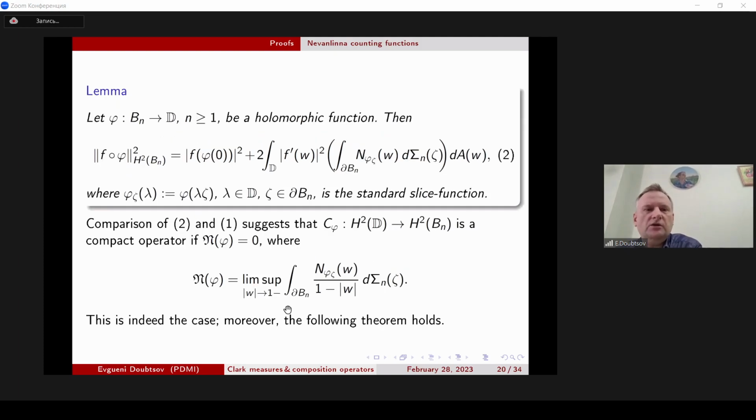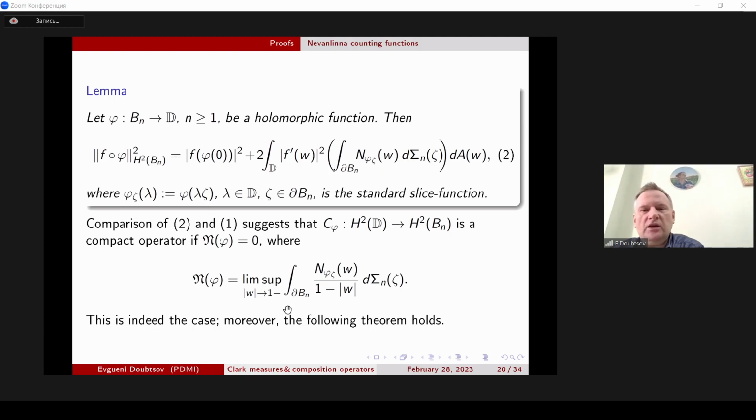The formula in our case, just for n equal to 1, is actually Stanton's formula, more or less directly used by Shapiro, and then he did the rest. Stanton generalized the Littlewood-Paley formula, but he didn't realize that this formula is applicable to composition operators, say compact composition operators, and more generally to the essential norm of such operators.